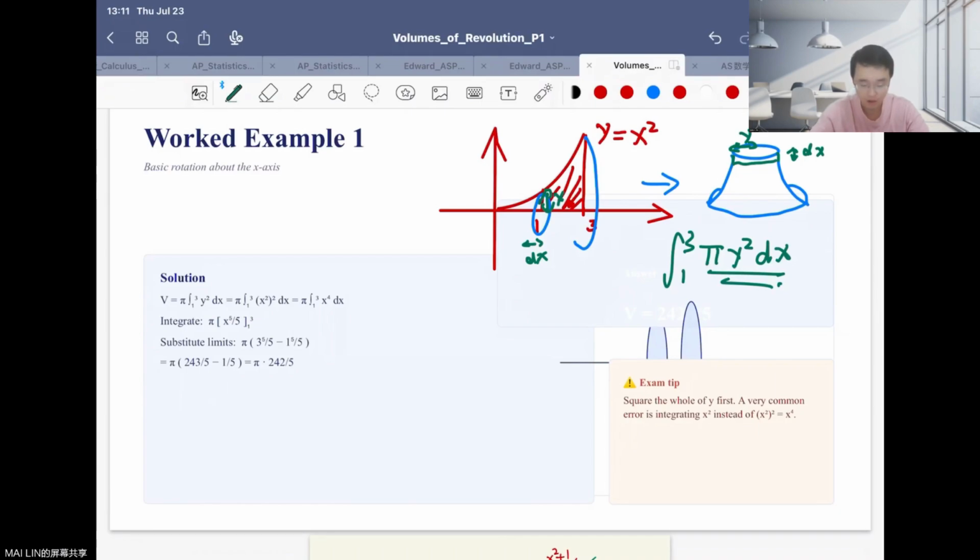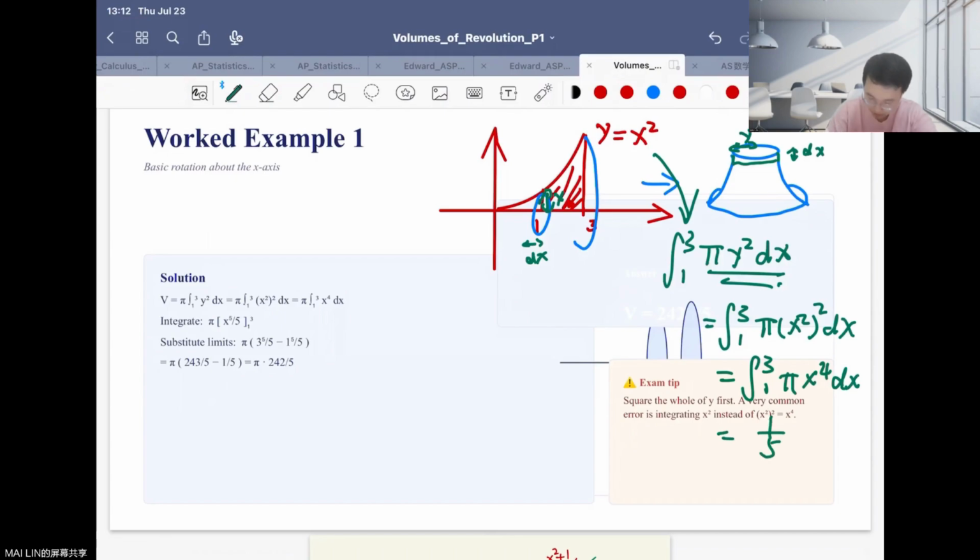So you put y equals x squared into the formula. That becomes the integral from 1 to 3 of pi x squared squared dx, which is pi x power 4 dx. For this, the integral is 1 over 5 x power 5: the power plus 1, divided by the new power.